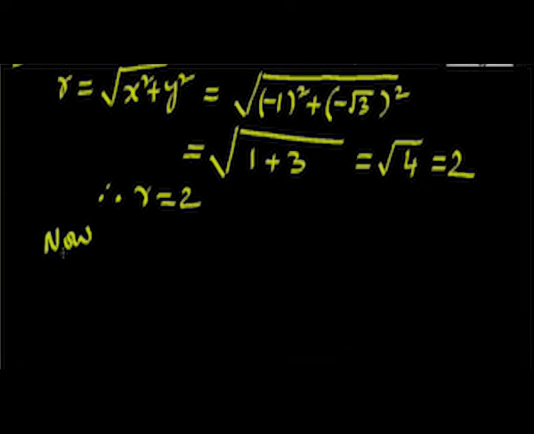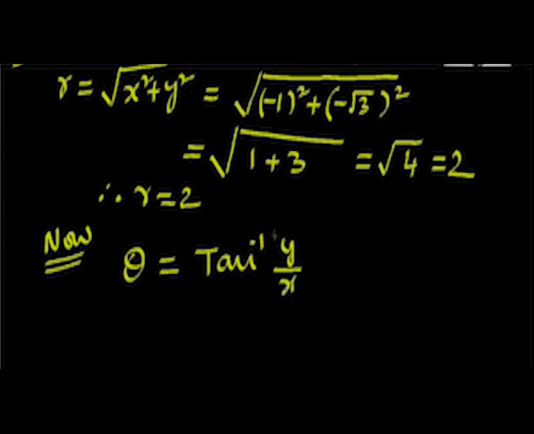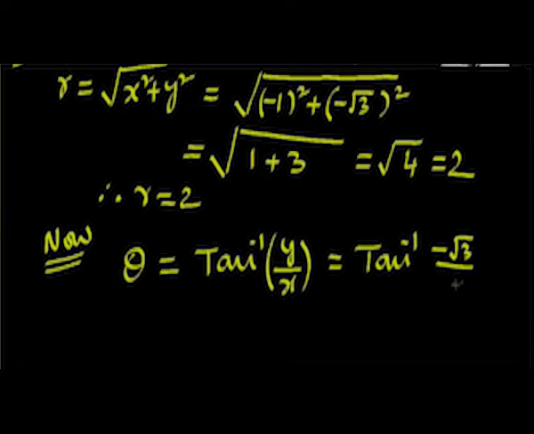So now let us calculate the amplitude. Amplitude is nothing but theta. So r is the modulus of the given complex number. Now amplitude theta is equal to tan inverse y by x. Here y value is minus root 3 and x is -1.